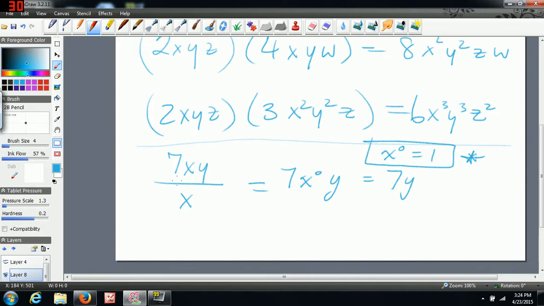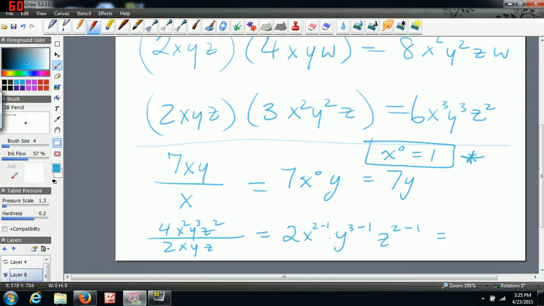Or say we were doing 4x^2 y^3 z^2, and then we were dividing by 2xyz. In that case, we would just divide the numbers, and because we're dividing, we subtract the smaller exponent from the bigger one. So 2 minus 1, it becomes x to the 1, y to the 3 minus 1, and z to the 2 minus 1 because of the 1 here.